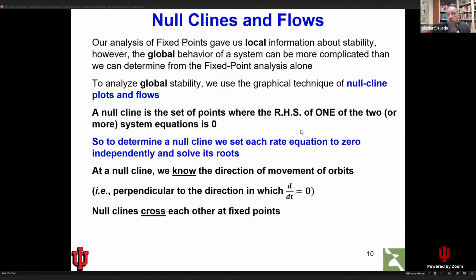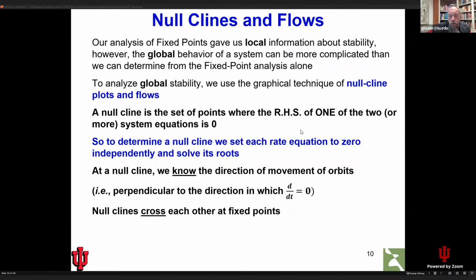At the moment we have to solve the null-clines by hand, because we don't have any way of doing it numerically or symbolically the way we were doing things. We have to go through our equations, set each one to 0 by hand, and find the values of x and y and potentially z for which that right-hand side is 0. In Herbert's examples, he's done that by hand and plots the null-clines.